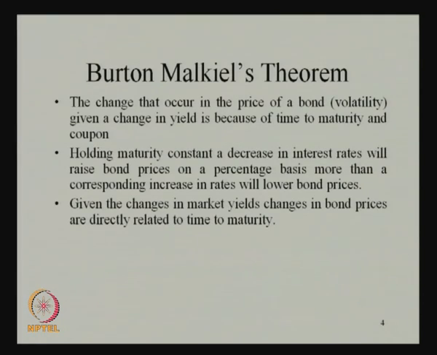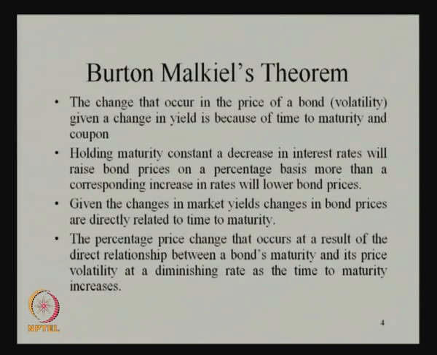If you go through the theorems given by Burton Malkiel, it will be clearer. What Malkiel said is that the change that occurs in the price of a bond, what we mean by volatility, given a change in yield, is because of time to maturity and the coupon.